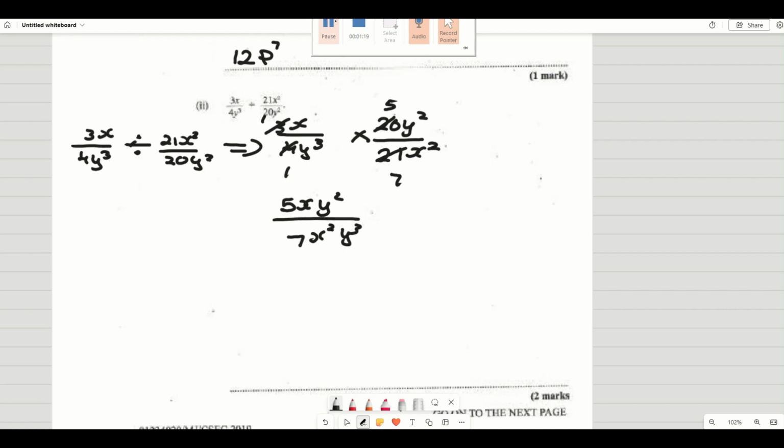We'll deal with the letters only because we have nothing else to do with the numbers. So this could be 5 multiplied by x multiplied by y multiplied by y all over 7 multiplied by x multiplied by x multiplied by y multiplied by y multiplied by y. x into x, 1. x into x, 1. y into y, 1. y into y, 1. y into y, 1.